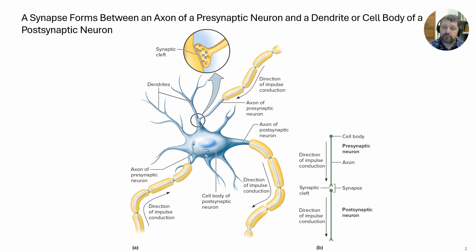So you have this action potential moving down the axon that changes the permeability, changes the cell membrane here to allow for that neurotransmitter to move into the synaptic cleft, which changes the permeability of the cell body in this case, okay, this neuron, which then will excite an action potential to move down this axon. Okay?